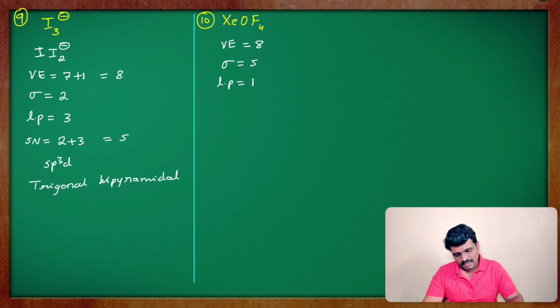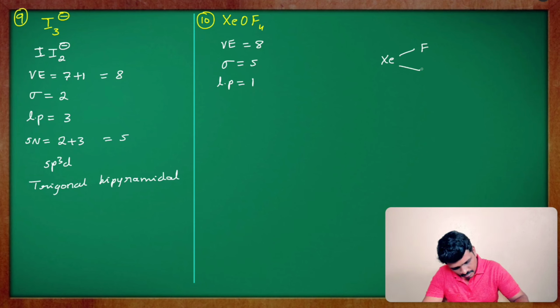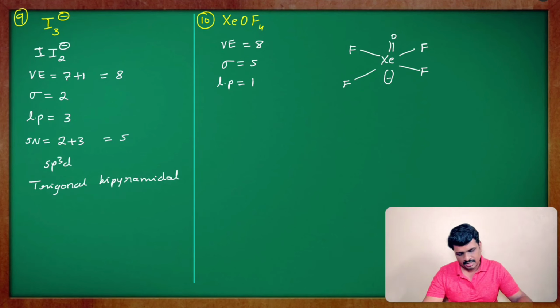For understanding, let us roughly draw one molecular structure. Xenon bonded with fluorine atoms, and 1 oxygen atom, and 1 lone pair is present. This is the rough structure of xenon oxytetrafluoride.